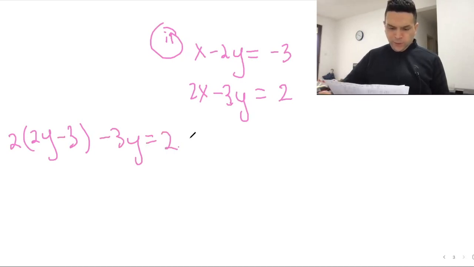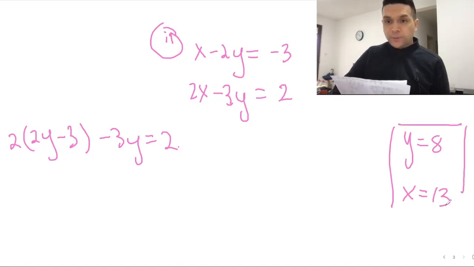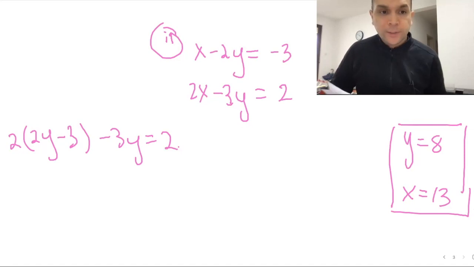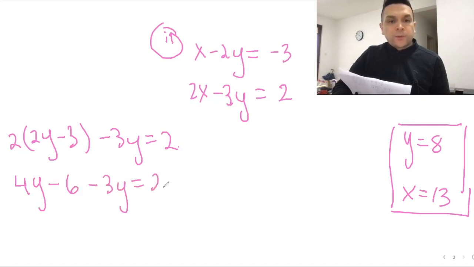From using elimination, I got y equals 8 and x equals 13. That was from using elimination, so I'm going to use substitution and I should get the same answer, right?